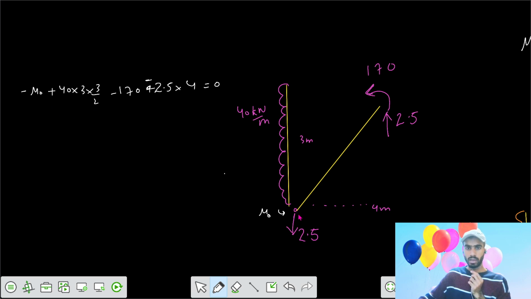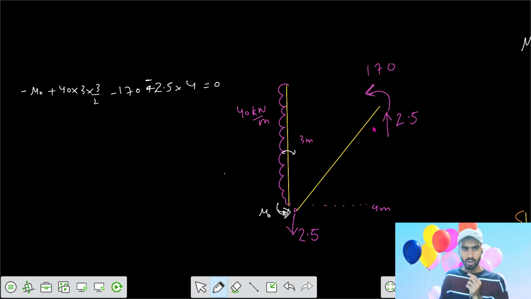That minus m naught, anti-clockwise; then we had clockwise 40 into 3, with 40 into 3 acting at 3 by 2; then we had minus 170, and we also got minus 2.5 into the length of 4 meter.